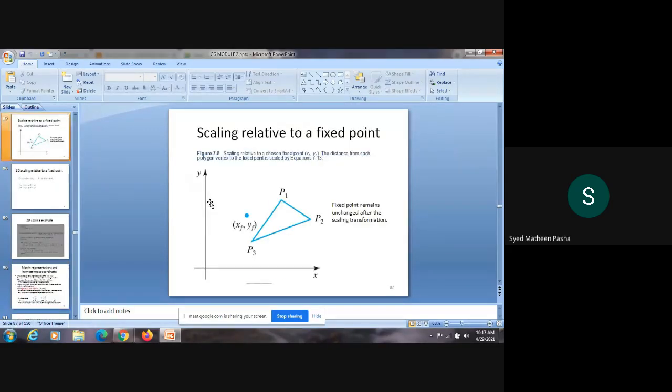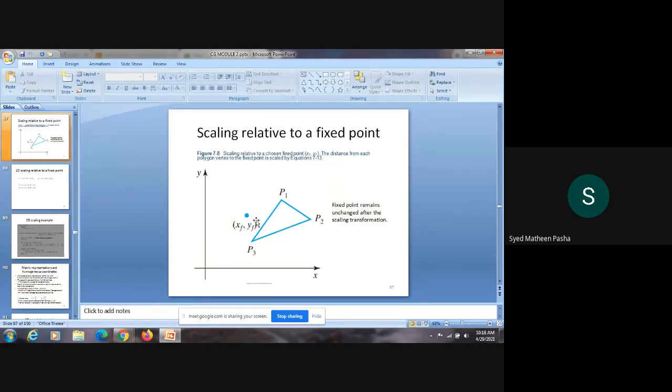Then we saw something called scaling relative to a fixed point. That is, you are performing scaling with respect to some specified point, xf as well as yf, where a fixed point is given. With respect to it, you perform scaling operations.